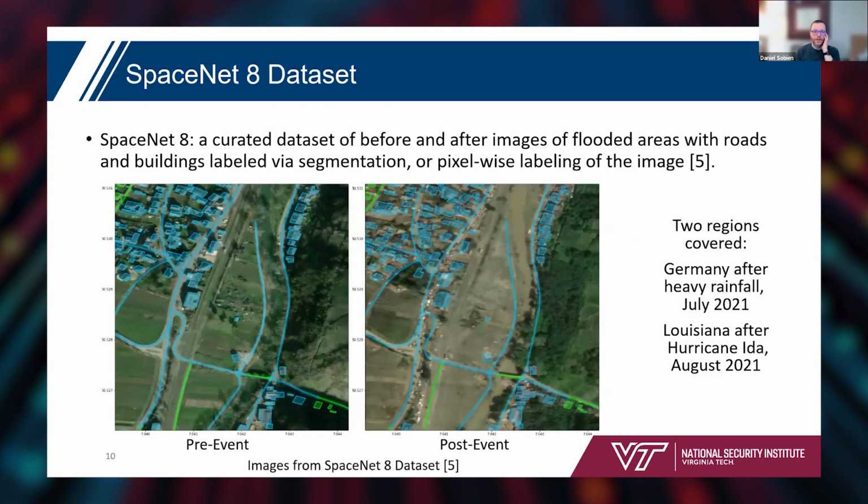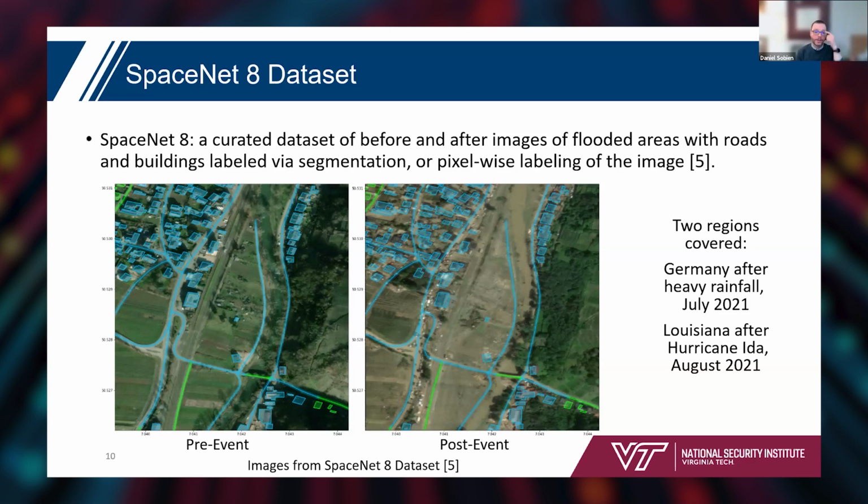So the second scenario I wanted to cover is looking at satellite imagery, where we might not have a lot of data because it's difficult to label. For another project, which we also used data fusion on, we used the SpaceNet 8 data set.